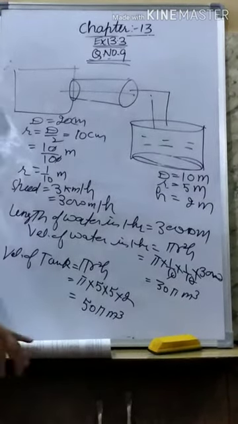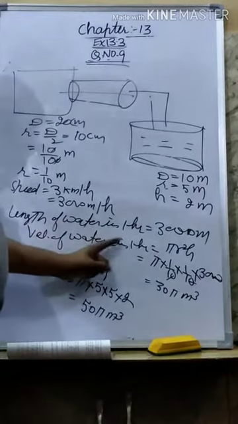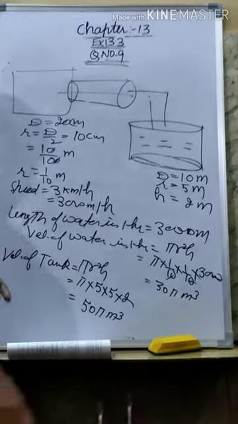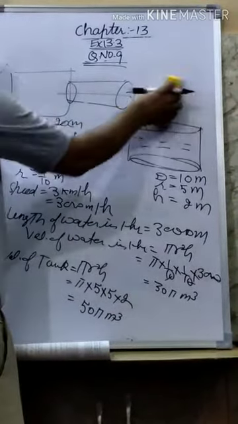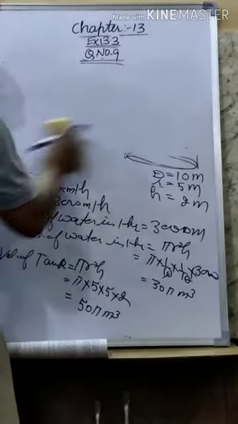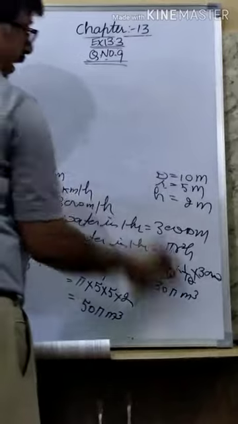So this is the volume of water in 1 hour, and this is the volume of the tank. My dear students, we have to find the time in which the tank will be filled.